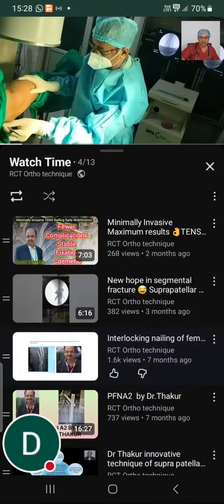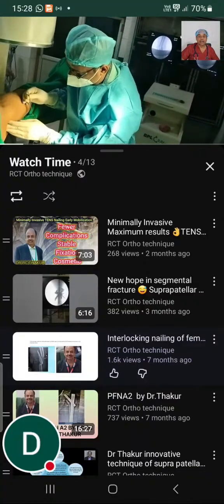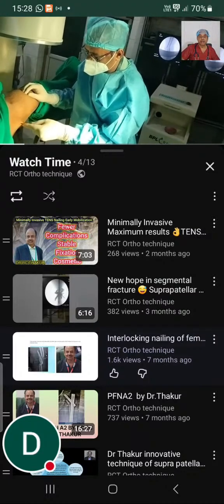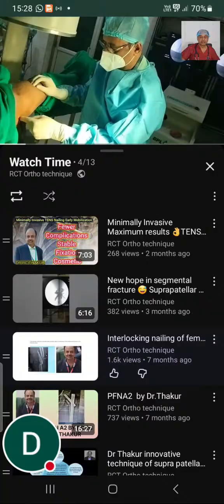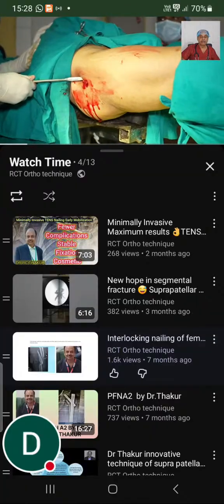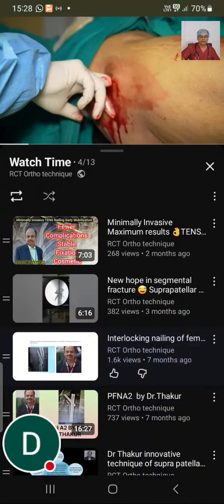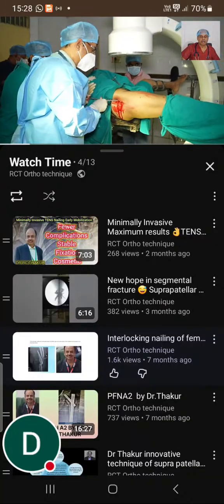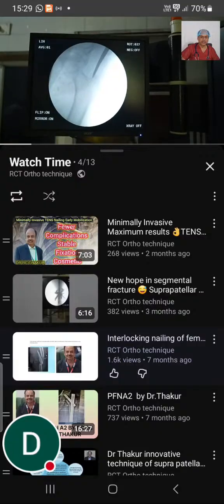First of all, I will make an incision just above the greater trochanter, about 2 to 2.5 centimeter, and then after blunt dissection of the tissues, I am introducing a bone awl just medial to the greater trochanter in the piriform fossa in AP view.